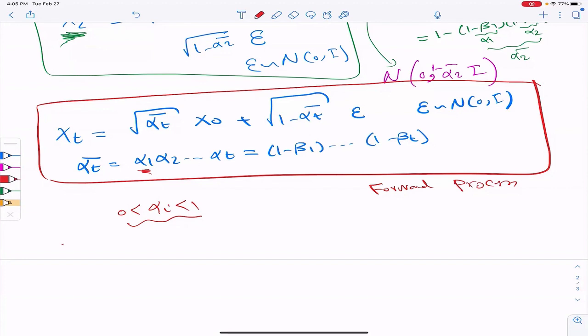So after, let's say, step 1,000, assume for now each alpha i is 1/2. That's my scheduling, right? How about that? So after 1,000 rounds, what would be the coefficient that you multiply to your x0?